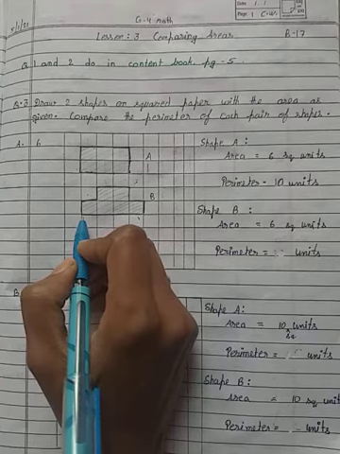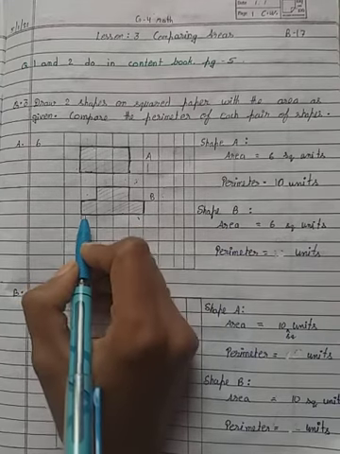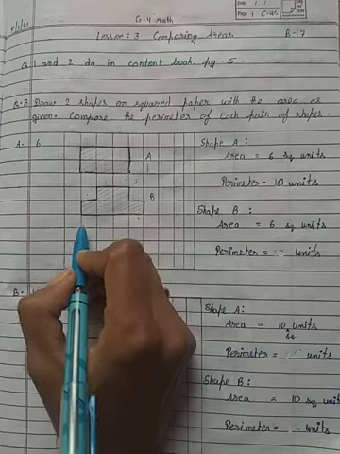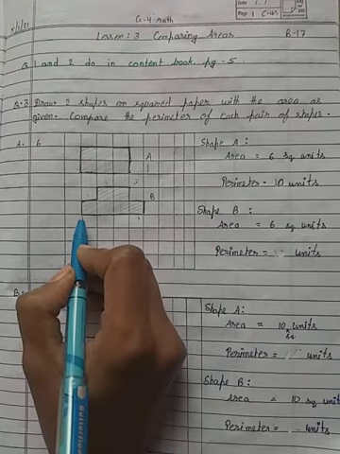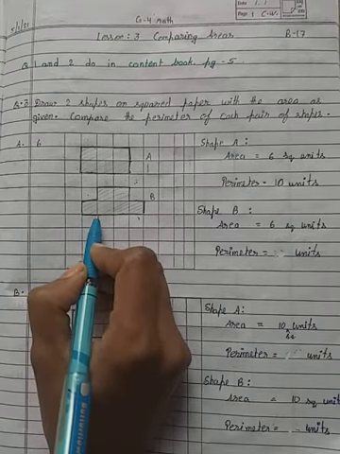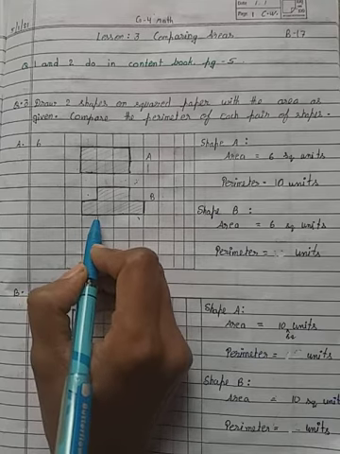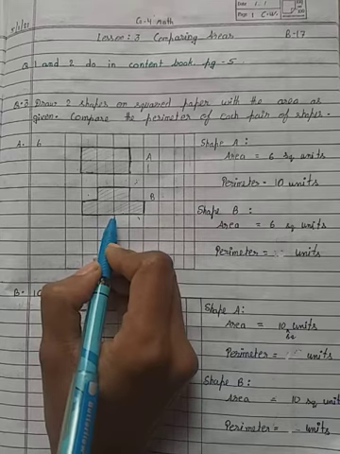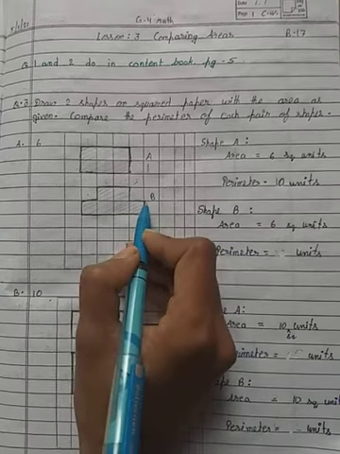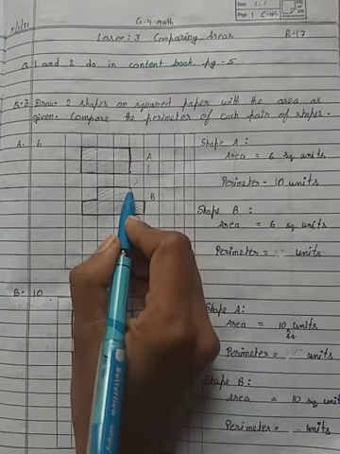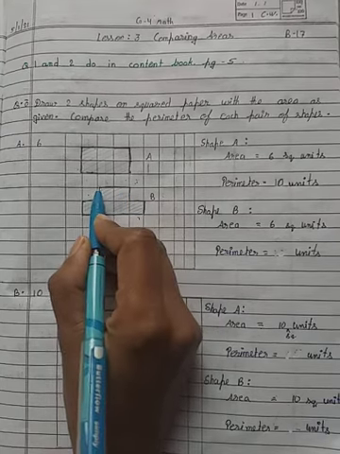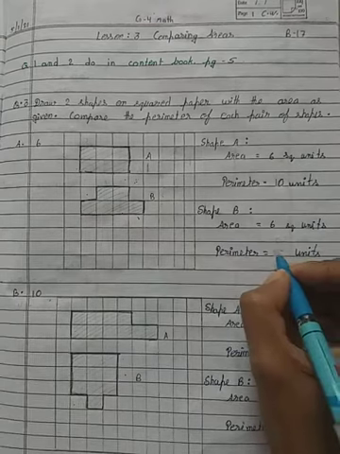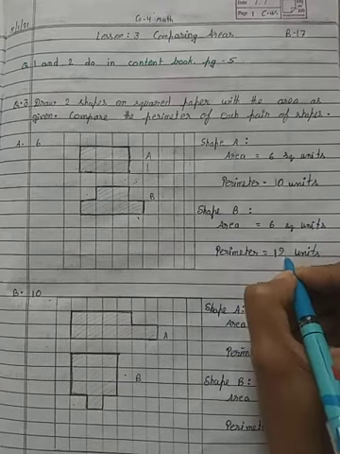What is the perimeter? 12. We only count these lines on each square, starting from this and till this. So we count 1 perimeter, 2 perimeter, 3, 4, 5, 6, 7, 8, 9, 10, 11 and 12. So the perimeter is 12.